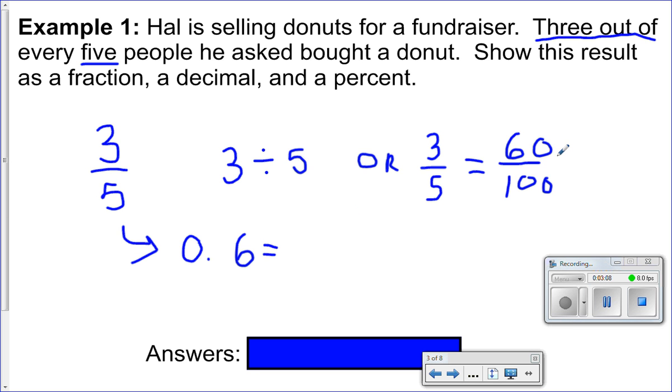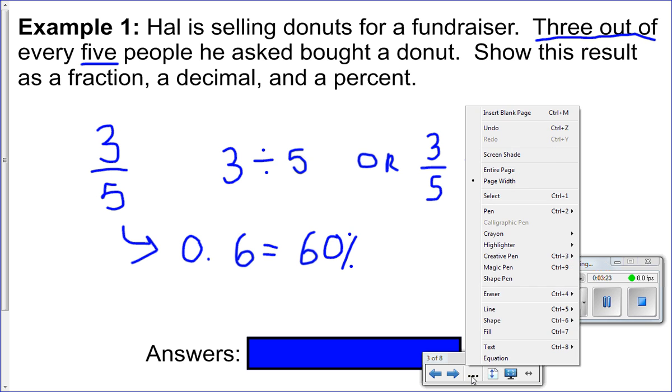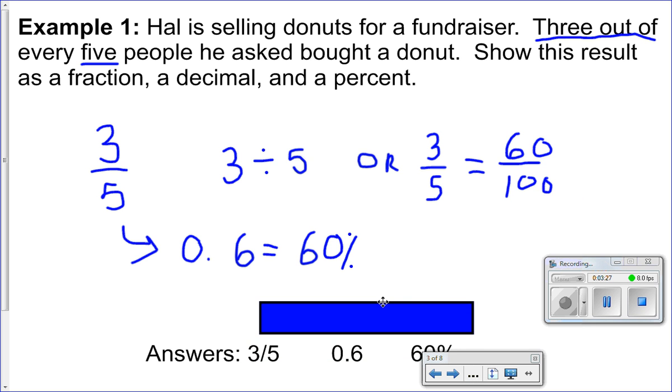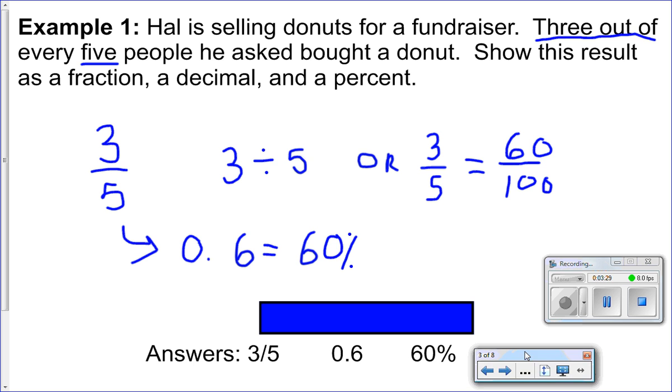Okay, then as a percent, just going with our equivalent fraction here, we see that 0.6 equals 60%. And we can actually check our answer box at the bottom. And look at that. There we go.